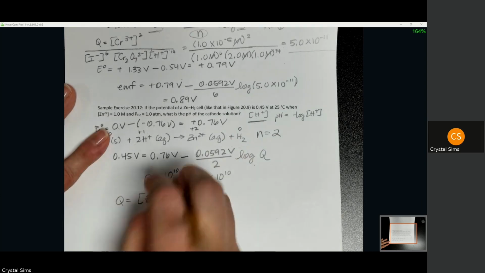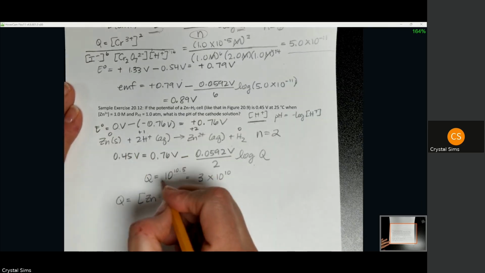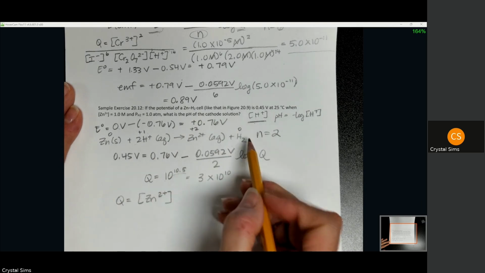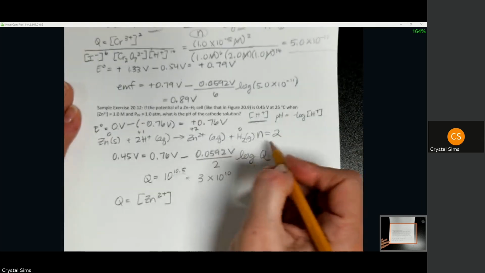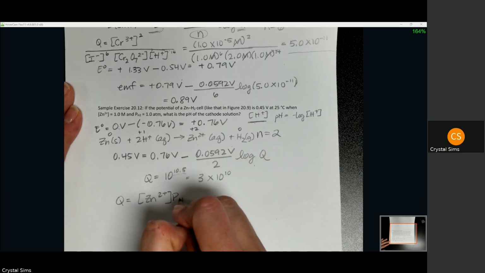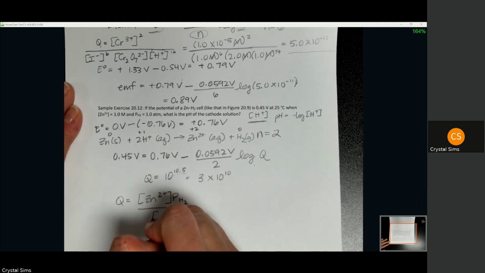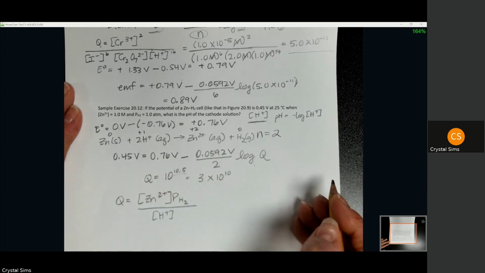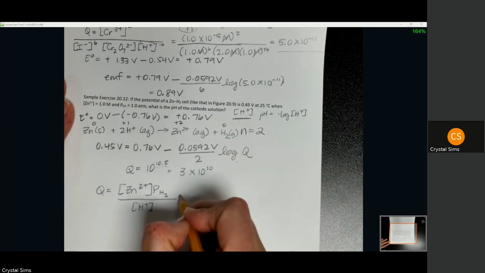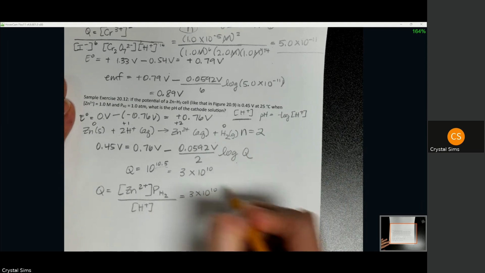Remember, it's products over reactants. Since hydrogen is a gas, we can plug in the partial pressure of the hydrogen gas, and then I divide that by my hydrogen ion concentration. And that is equal to what I just solved for, 3 times 10 to the 10.